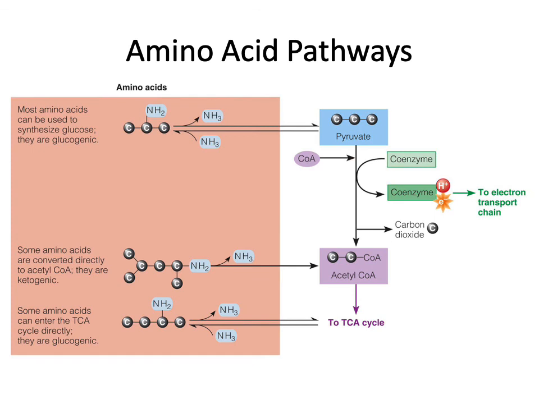Okay, so this diagram shows the same thing. We have some amino acids shown in the top of the red box that are converted into pyruvate, and then others shown below that are either converted into acetyl-CoA or into TCA cycle intermediates.